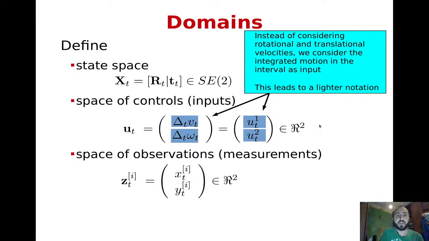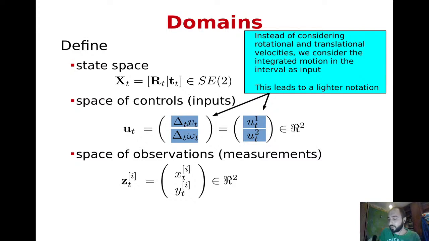So these are the domains, as I explained to you before. The state, the quantity that we want to estimate, is a transformation matrix, so rotation and translation. Then we have our controls, which for the unicycle are translational velocity and rotational velocity. To make things easier, we pre-integrate this quantity.